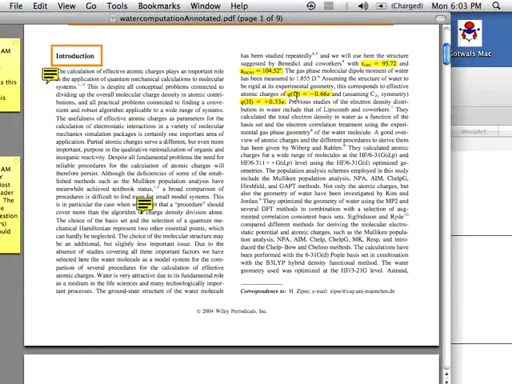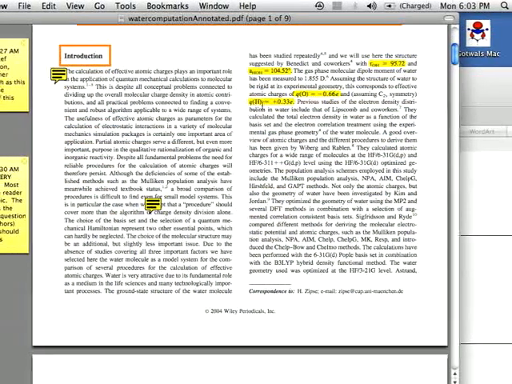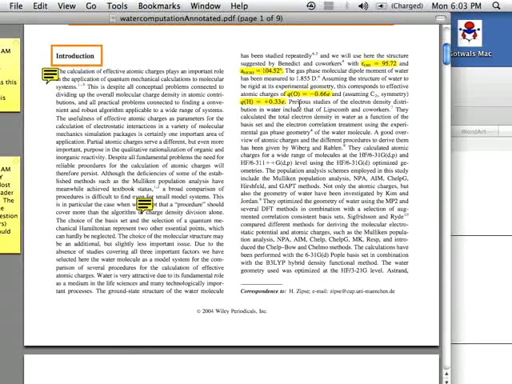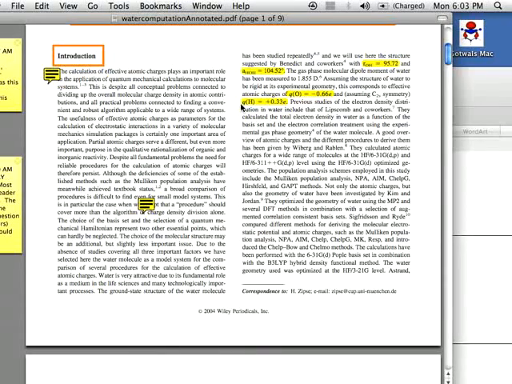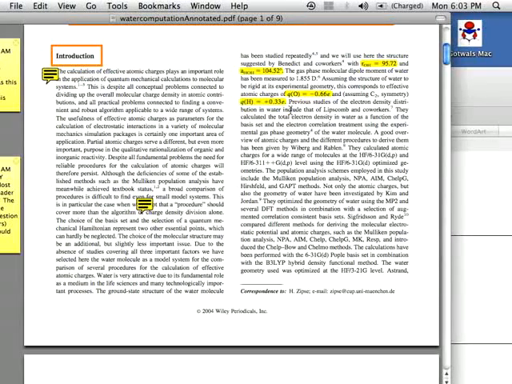These authors are saying that we believe, and the Q there means charge, the charge on the oxygen is -0.66 electrons, and the charge on the two hydrogens is 0.33. And again, because you have two hydrogens, 2 times 0.33 is 0.66. You add them up, and you still get a net charge of 0 for the water molecule, which is what we would expect.